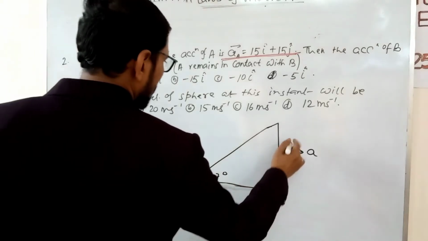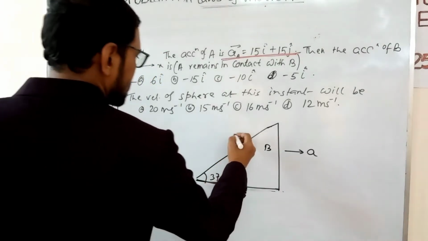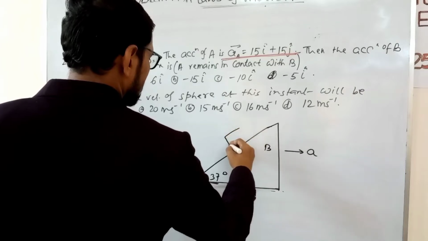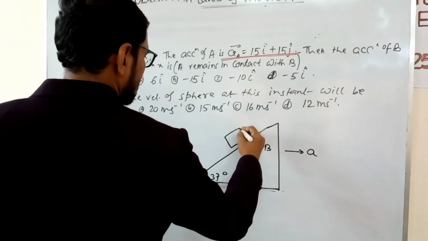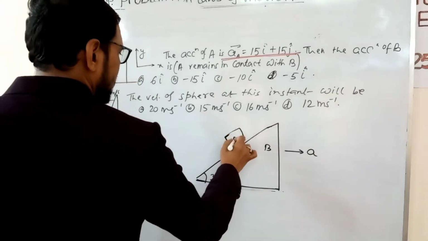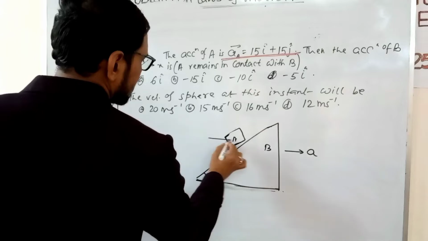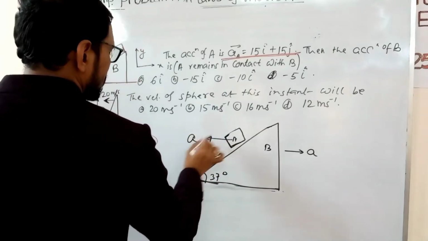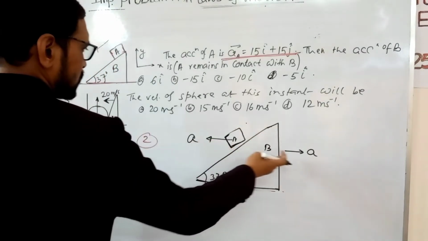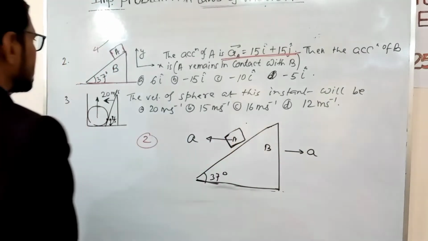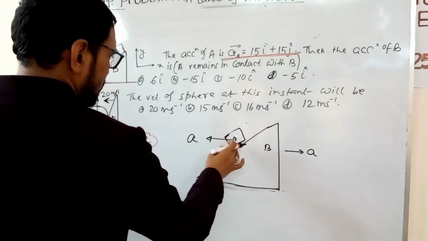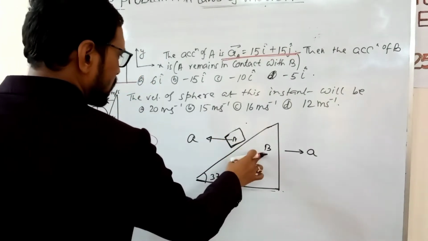Suppose the acceleration of block B is A. Now the pseudo force acts on block A in this direction. The pseudo force is MA, due to the acceleration of this block.